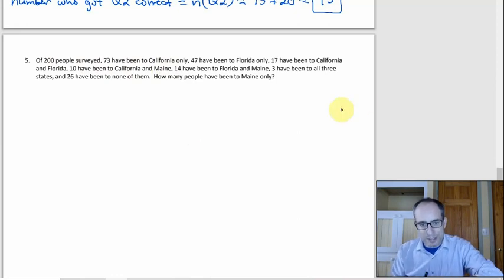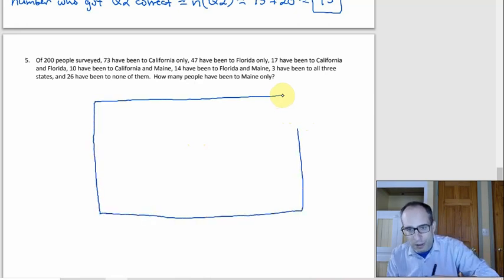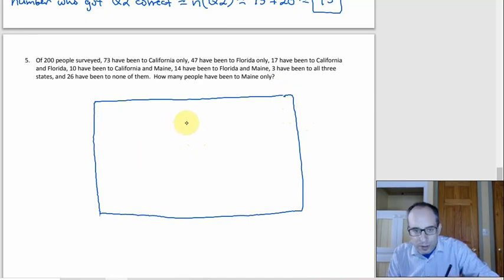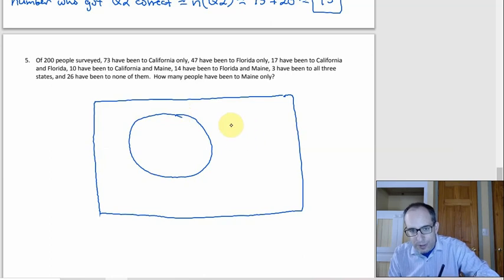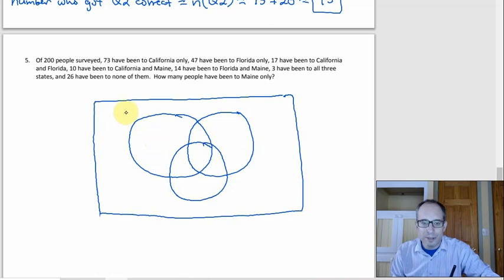All right, so a big Venn diagram, because we've got to put 3 circles on it. I guess the order they show up: California, Florida, Maine.